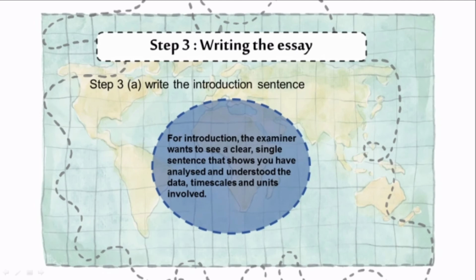Okay, next step 3, writing the essay. Step 3, Part A, write the introduction sentence. For introduction, the examiner wants to see a clear, single sentence that shows you have analyzed and understood the data, times, costs, and units involved.